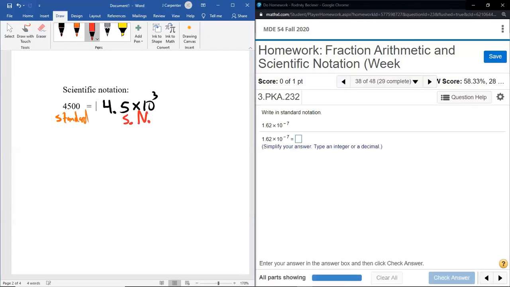I'm just abbreviating. The goal here, going to scientific notation, hold on, give me a second.